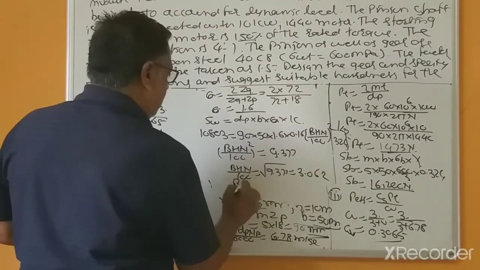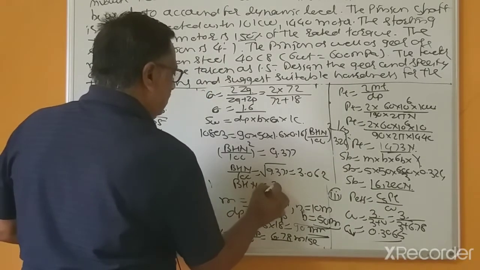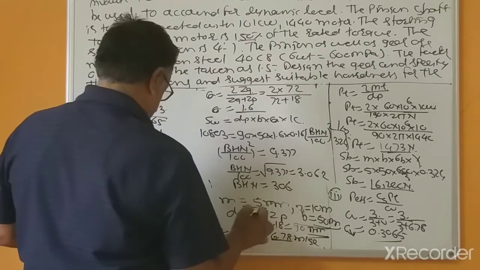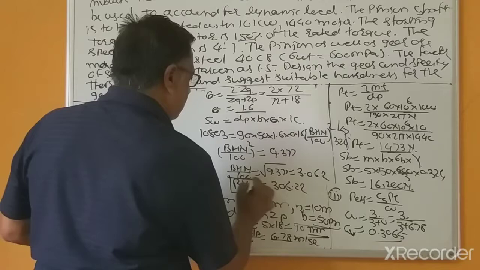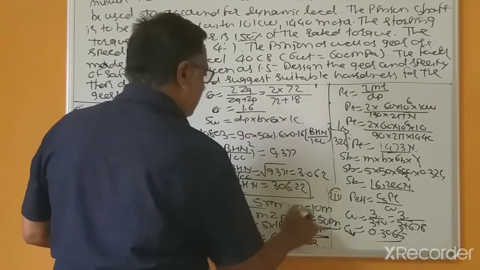So BHN equal to 306.22. So this is your required answer.